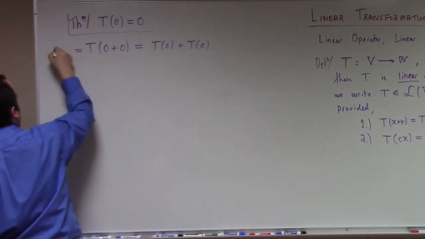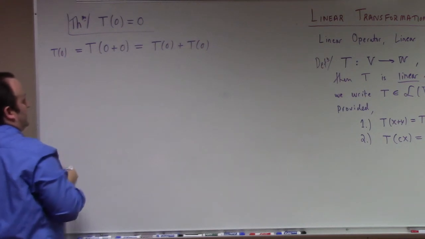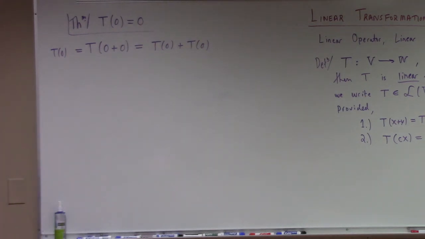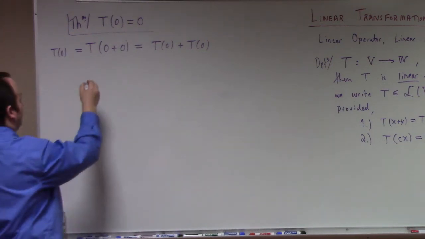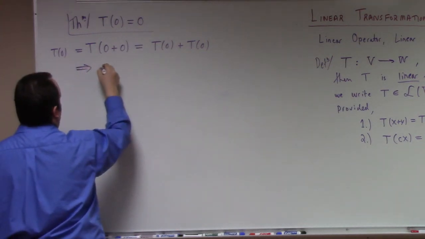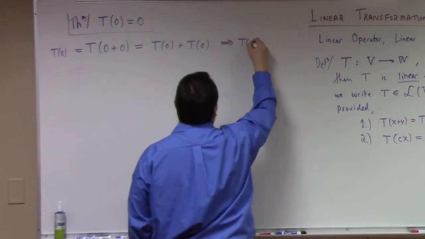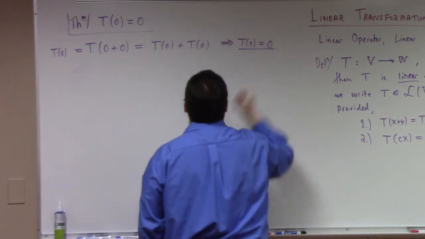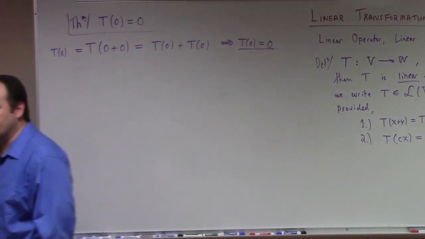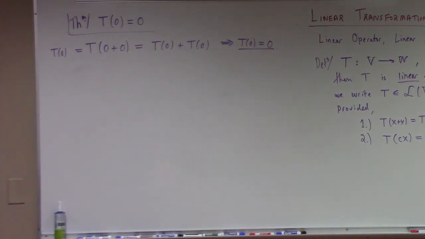But of course, this is T of 0, right? By the cancellation lemma, this together implies that T of 0 equals 0. So it's a straightforward consequence of additivity. I don't think I even need homogeneity there, actually.